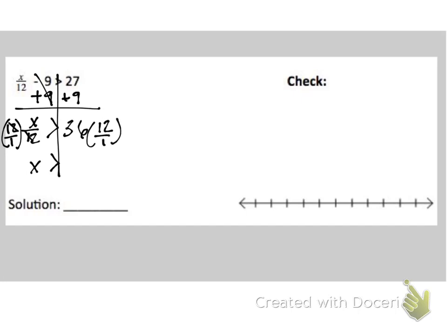And 36 times 12 is going to give us 432. X must be greater than 432. 432 is going to be our boundary point.